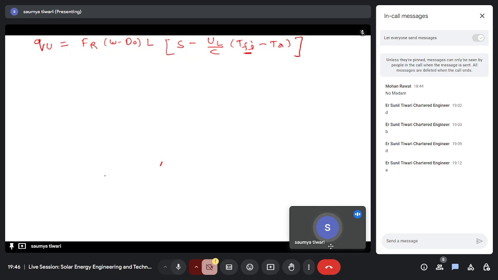Okay, so from here we know now all the values, right?